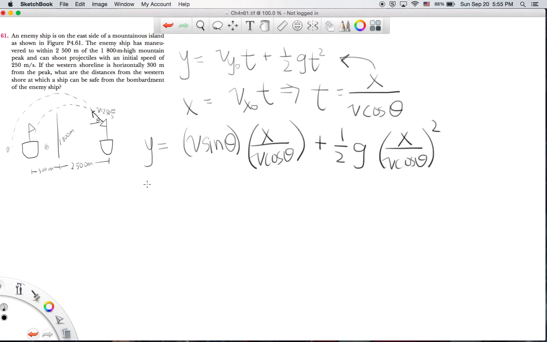And then we can simplify this, so we get y equals x tan theta plus gx squared over 2v squared cosine squared theta.